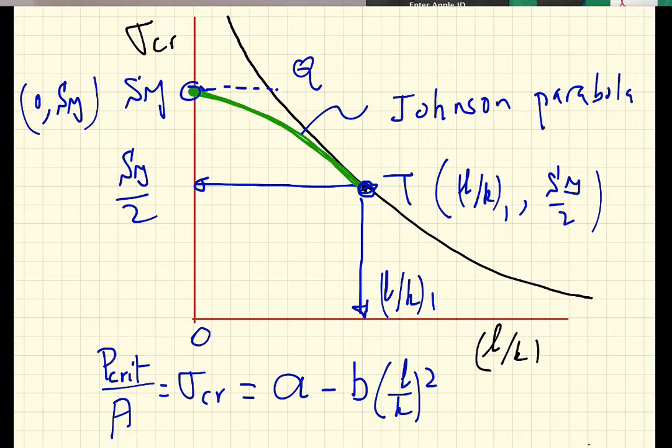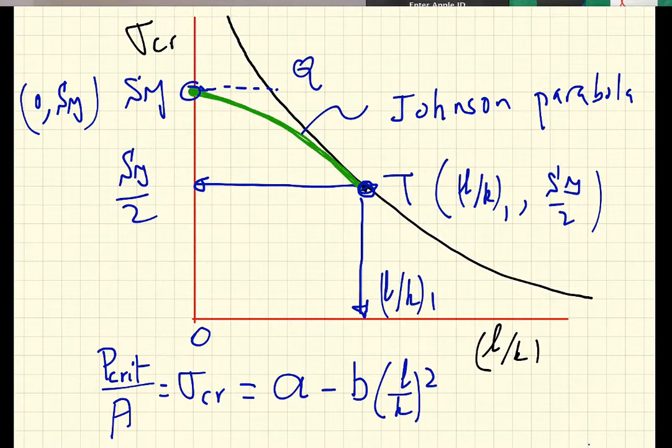That's the formula for a parabola. And then A and B are constants that I can determine from the coordinates of these points that I mentioned, point T and point Q.